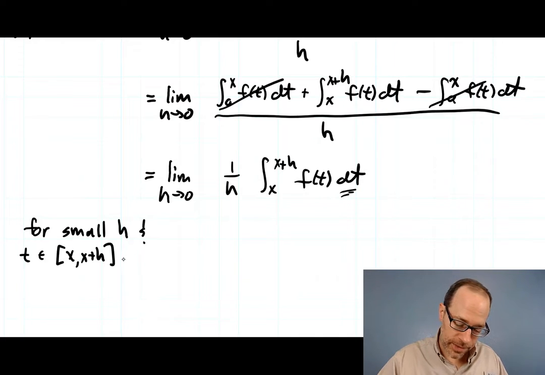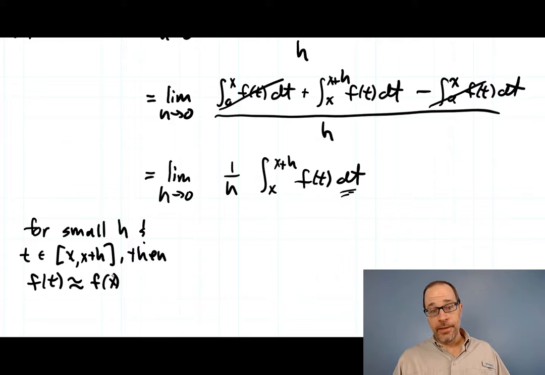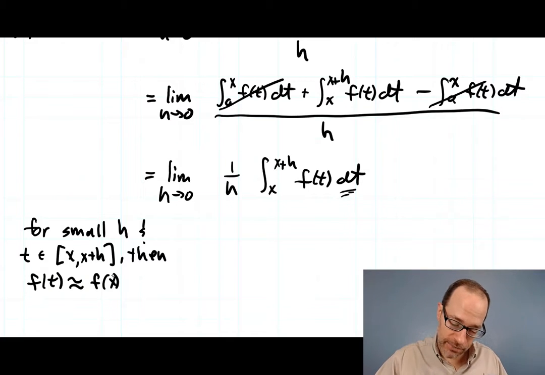Because it's continuous, all the f of t's are really close just to f of x. Now, in fact, you can control what the error is, and you can then make what I'm going to do rigorous, but that's the idea: for very small h's, since f is continuous, f of t can't change very much, and all the f of t's are close to f of x.